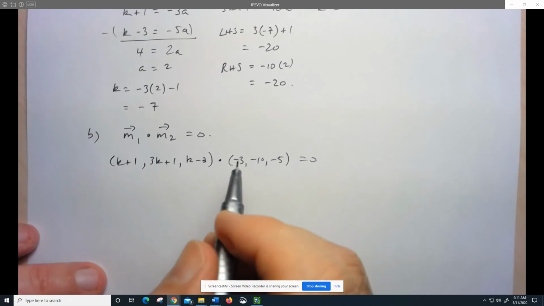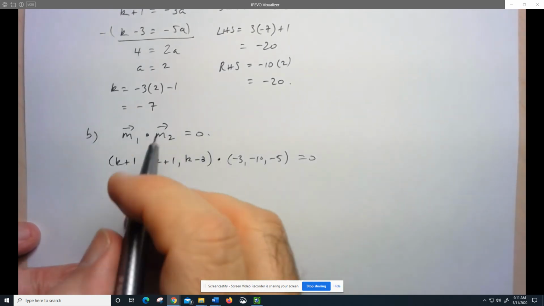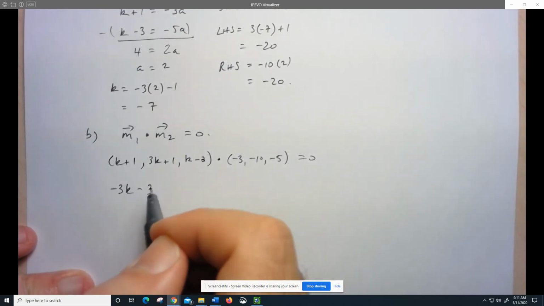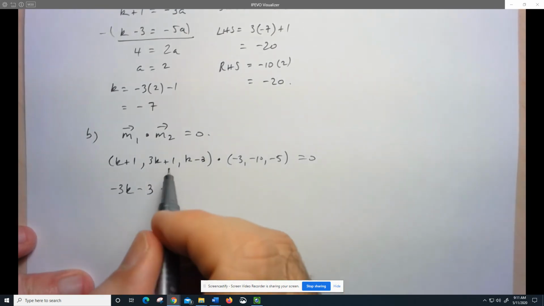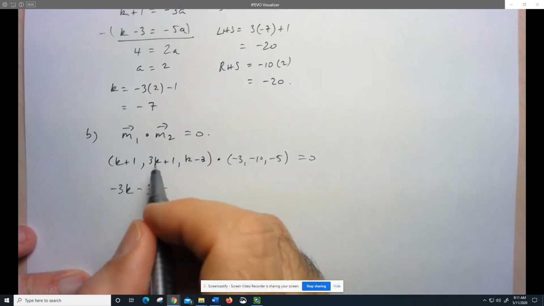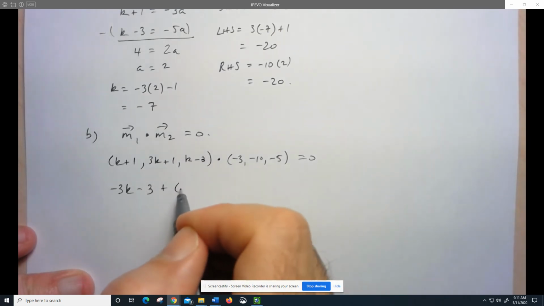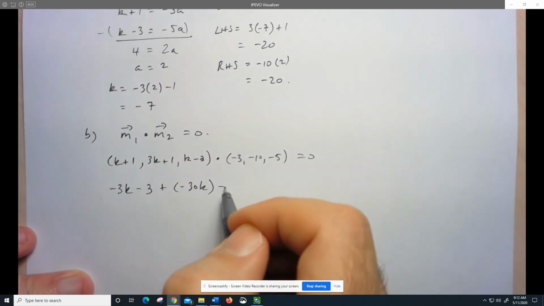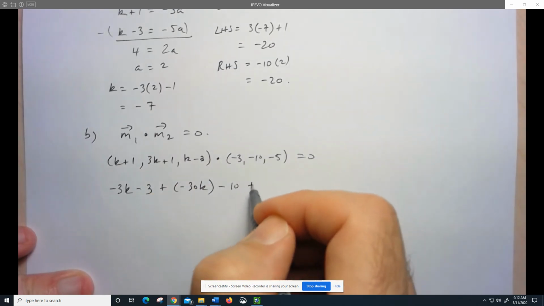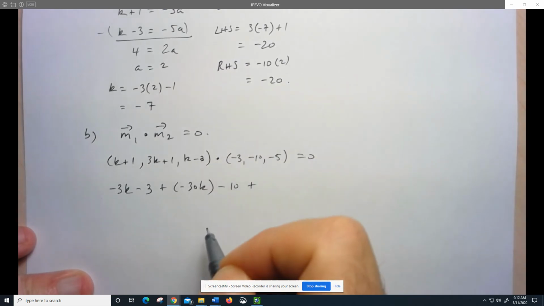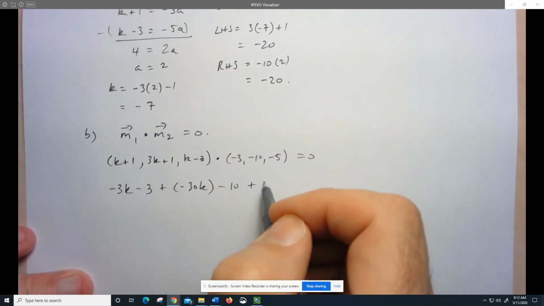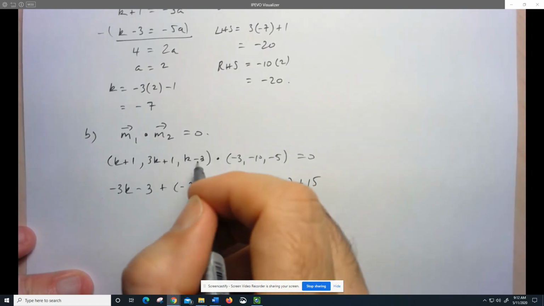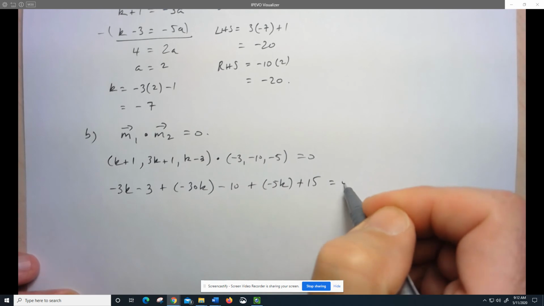So let's solve this here. Let's multiply the x components. So we have -3k minus 3. I'll do the distribution all at once, plus the product of the y components. So we have -30k, and then minus 10. And then finally, we add the product of the z components. So we have -5k and then plus 15, because it's -5 times -3, equal to 0.